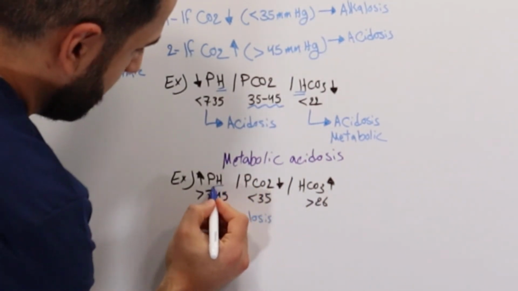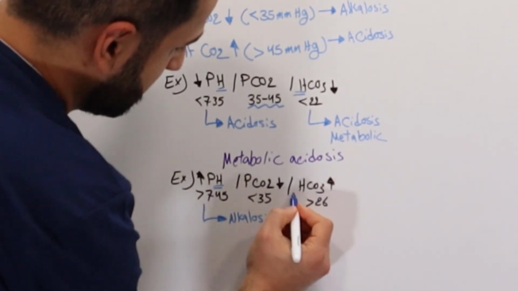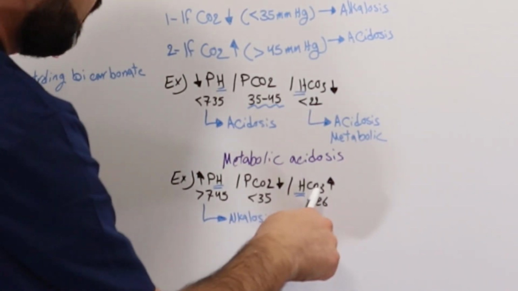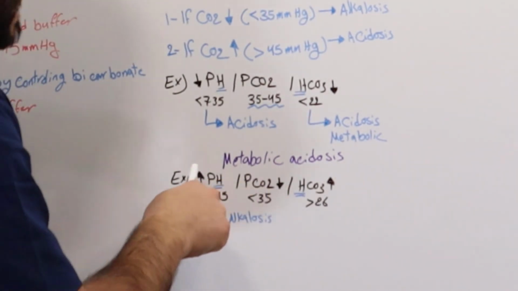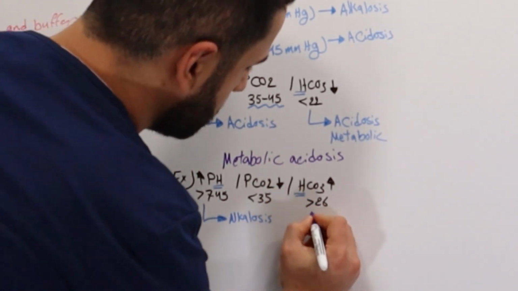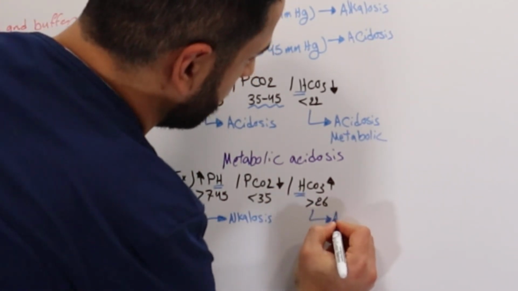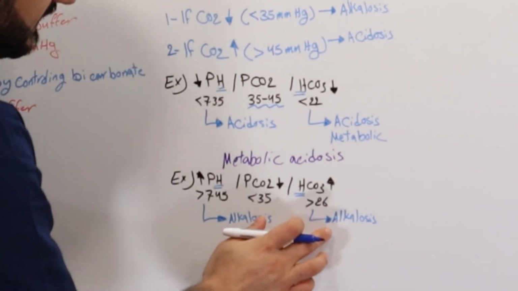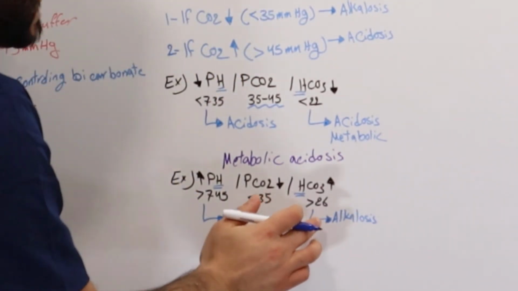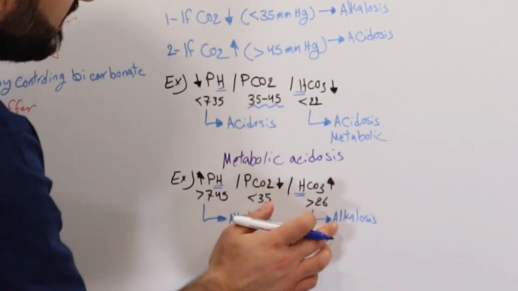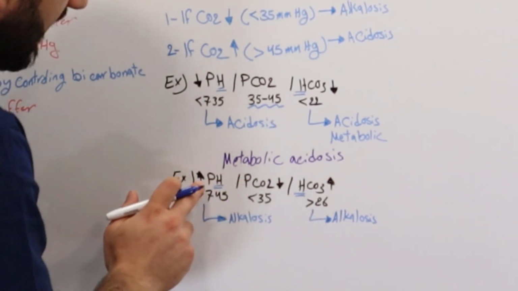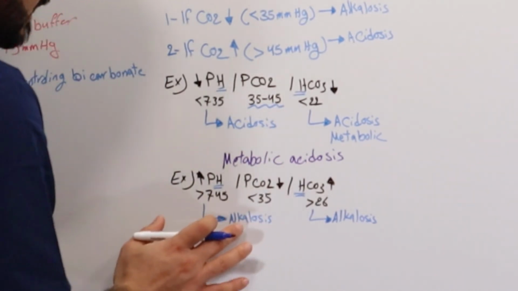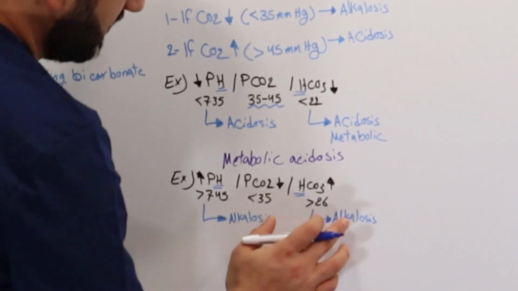But we know that pH has an H and HCO3 has an H. So if this is alkalosis, and this is also going the same direction as the pH, therefore this is also alkalosis. And this is what determines the patient's acid-base status, because it's going the same direction as pH. What I mean by the direction is that this is going alkalosis, this is going alkalosis.